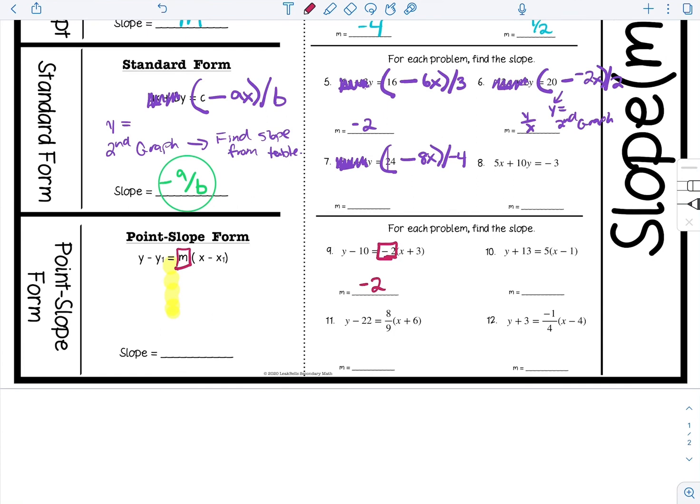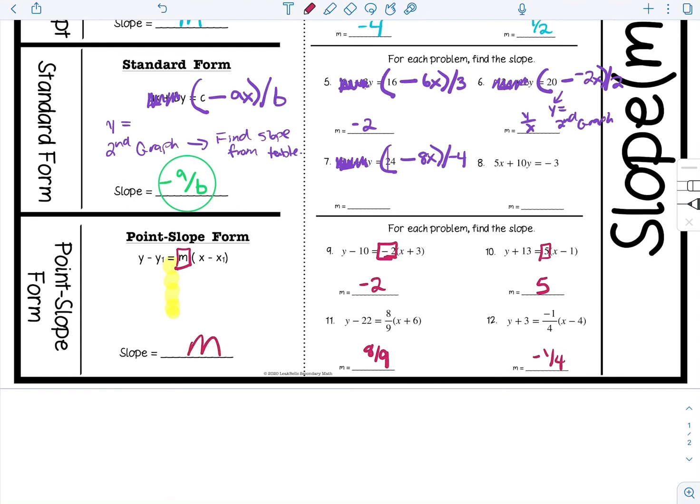And we said the slope is right beside the parentheses, right? Or we could say in between the parentheses and equal sign, however you need to look at it. But it's still 5. So that means 11 is, yep, the slope is 8 over 9. And then finally, for number 12, our slope is -1 over 4.